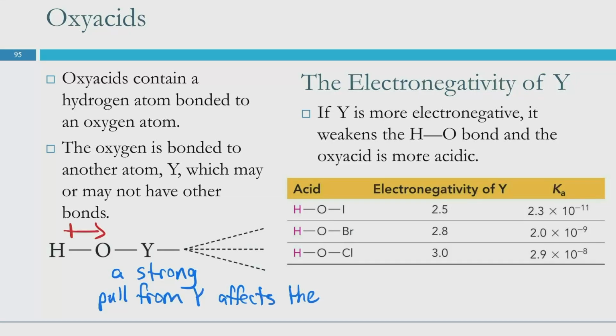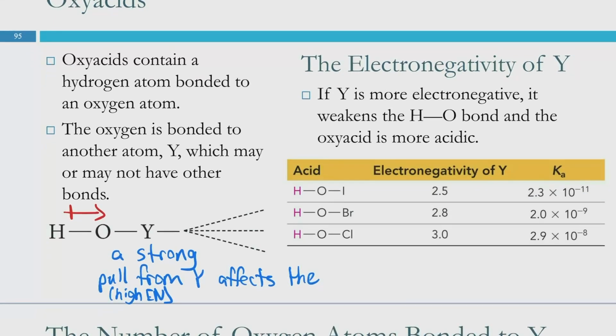So a strong pull, or a high electronegativity value from Y, affects the partial positive on hydrogen.